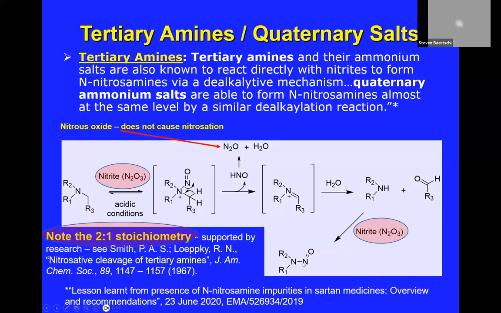And the important thing here is that it really is a 2-to-1 stoichiometry. So it takes two equivalents of nitrite to end up with one equivalent of an N-nitroso compound. And this is important when you're doing a risk assessment for the worst case level that could be formed. It's going to be dictated by that stoichiometry.